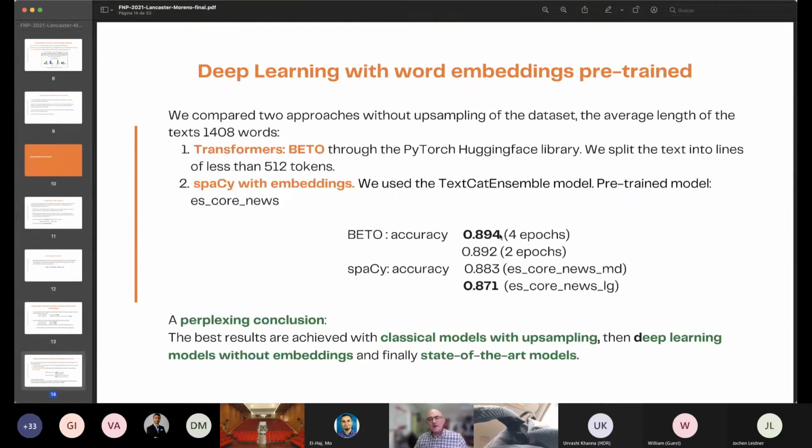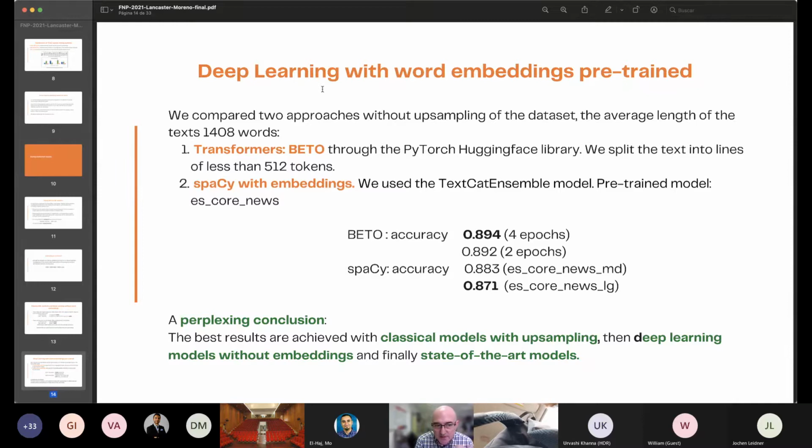The next experiment was to use deep learning with word embeddings, with pre-trained embeddings. We compare 2 approaches. Without the upsampling, we use the real sampling, 45 against 15.